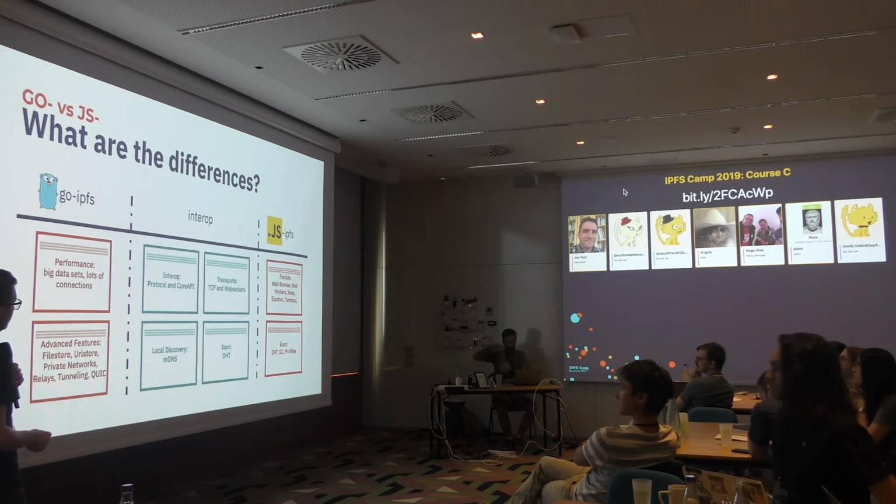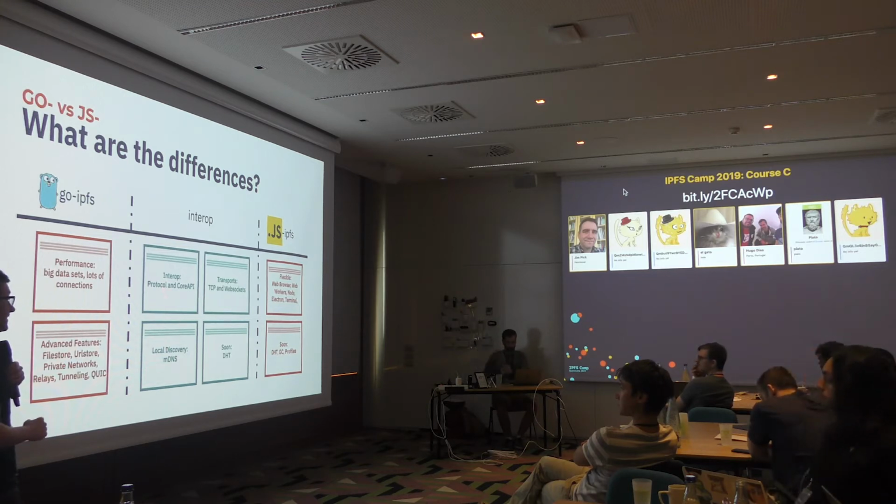There's a huge interval between both. At the protocol level, the API is the same. Transports overlap in multiple contexts, and local discovery works as well. And soon we will have DHT. For now, js-ipfs does not have a DHT. That is why during the course you will see how we are using a signaling server to work around that, to discover each other.